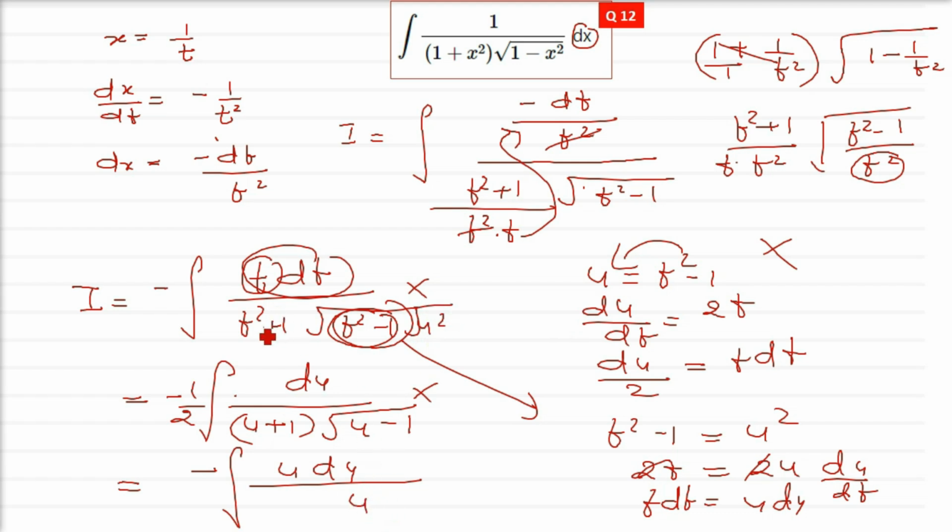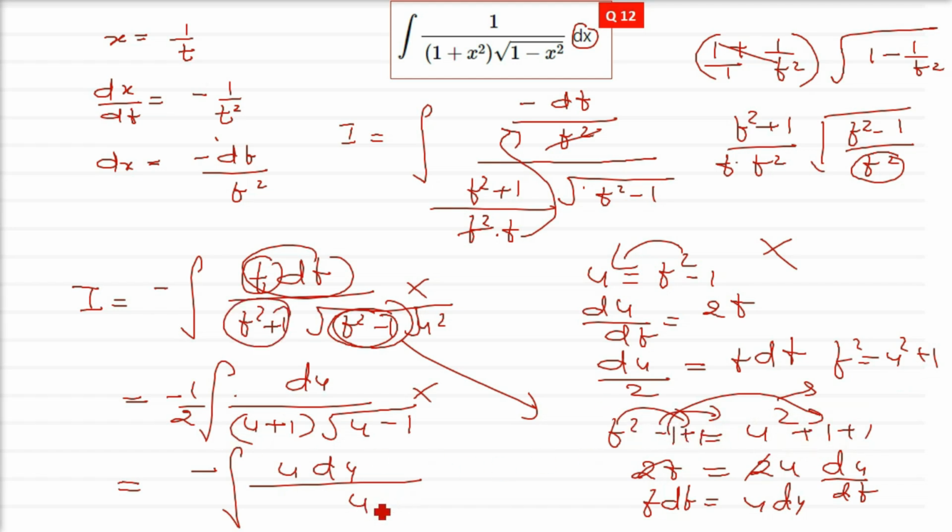Under root t square minus 1 will be directly u, and t square plus 1 will be what? Because t square will become u square plus 1, you have to add 1. So t square plus 1 will become u square plus 2.